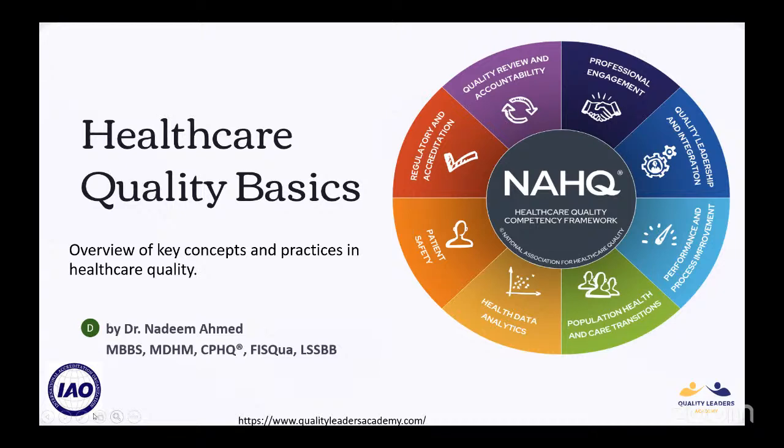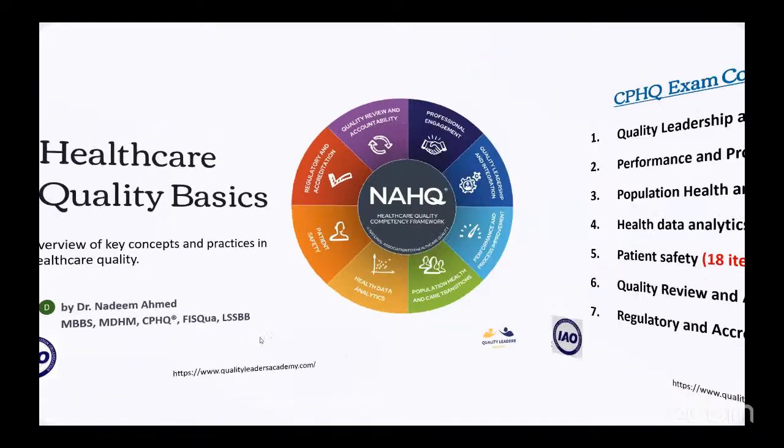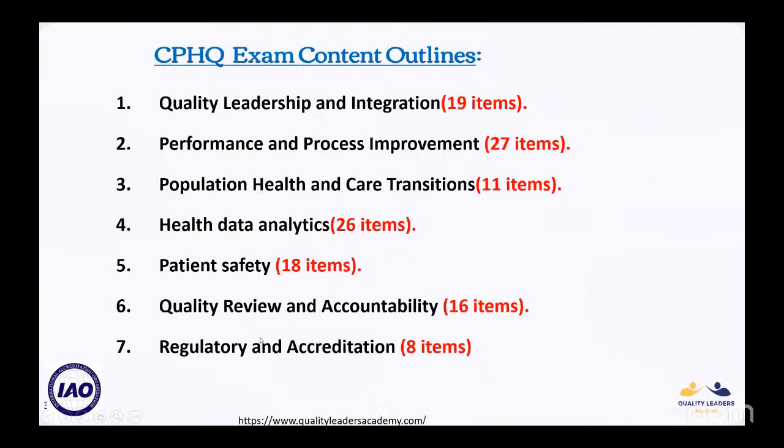Okay. Before we get into the core of today's session, I want to show you something important. What you are seeing now is the exam content outline for the CPHQ. I hope this is not intimidating you.